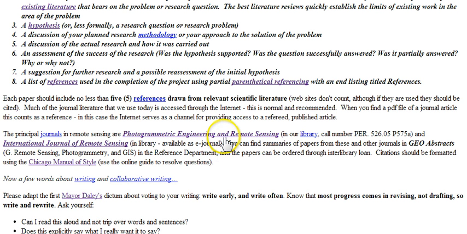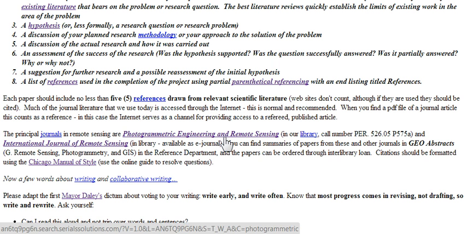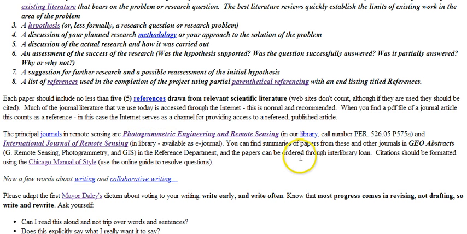It is a long-standing journal that goes back many years. The International Journal of Remote Sensing is also a very strong journal with lots of great articles that I think you'll find useful in your research. And that's the idea of doing a literature review: using literature to help you understand and improve the work that you're doing in your final project.